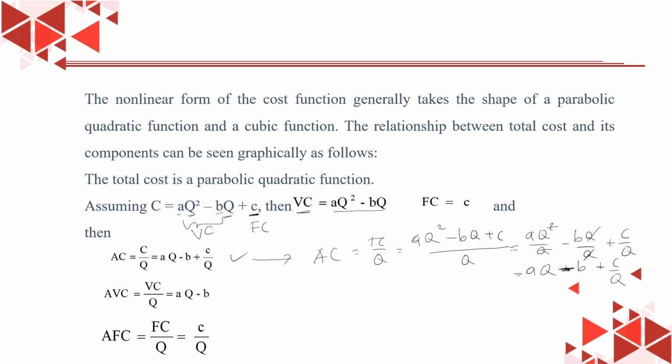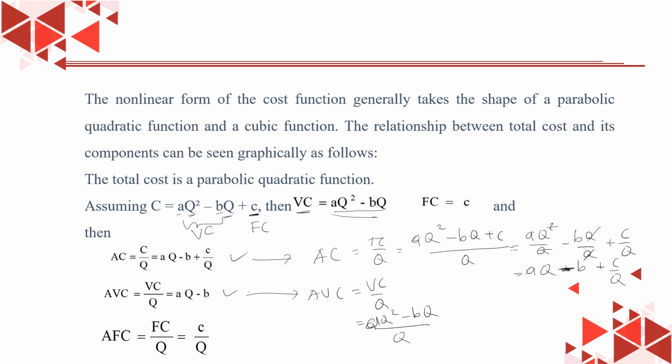Now the same thing happens with the average variable cost. Average variable cost means the variable cost over q, that is aq quadrat minus bq over q.